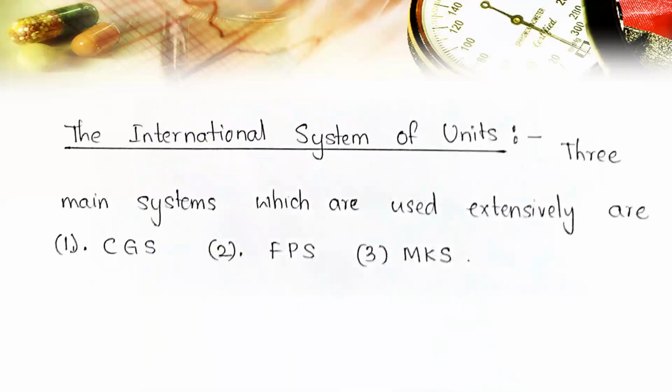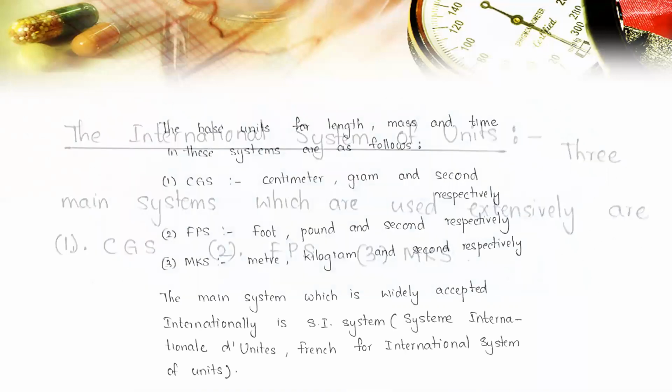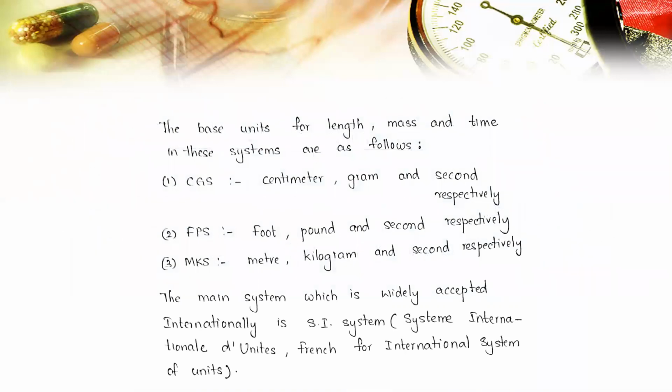Now, the three main systems which are used extensively are CGS, FPS, and MKS. The base units for length, mass, and time in these systems are as follows.